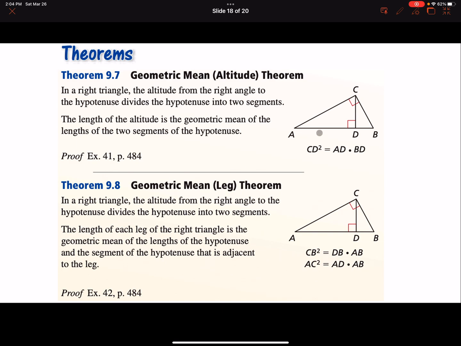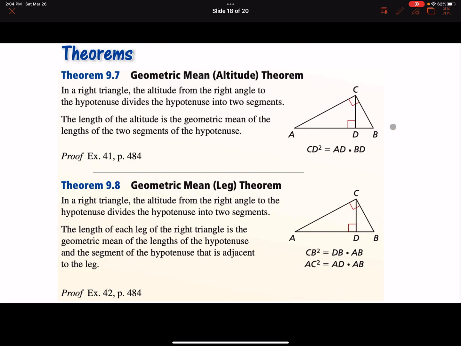This says that if I have a right triangle, like I have like this, ABC, and there's an altitude, notice CD is my altitude, that divides the hypotenuse of the triangle into two separate segments. Notice that my segments are AD and BD, okay? There's two segments now. They're split at this point of intersection with CD.